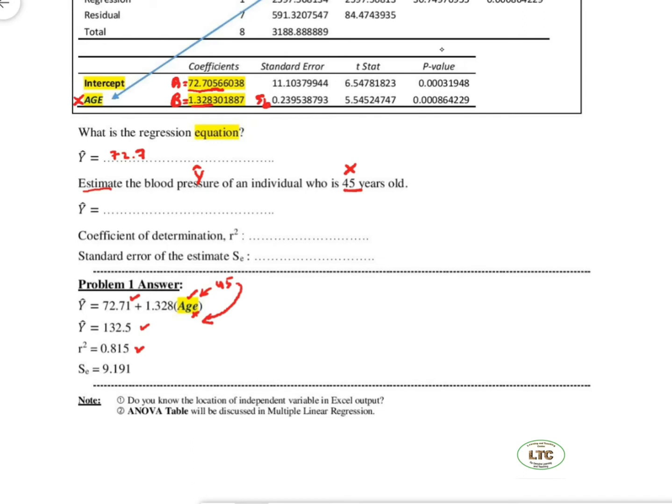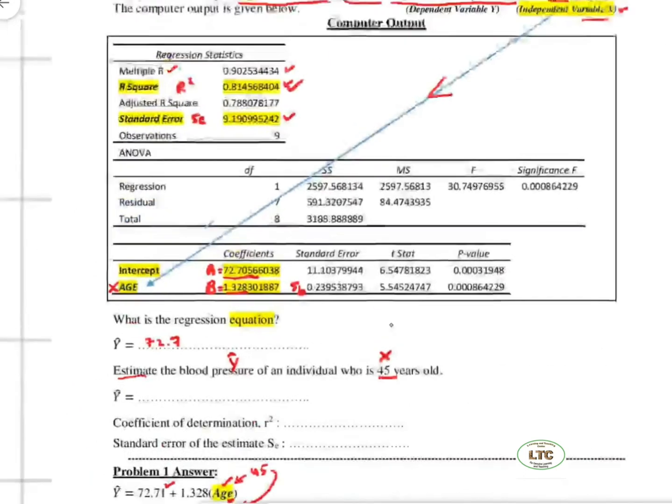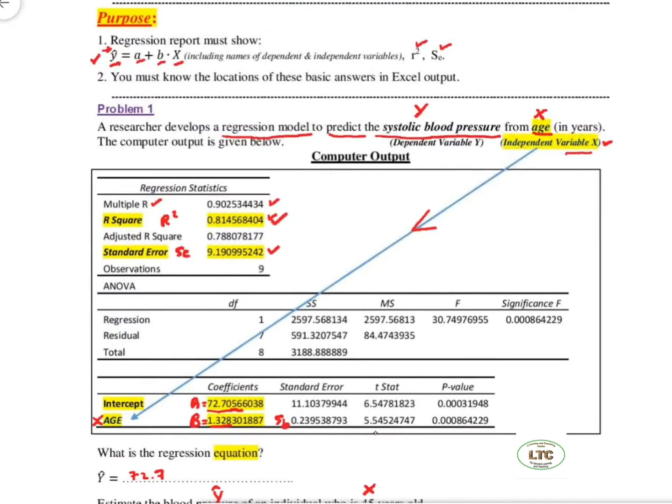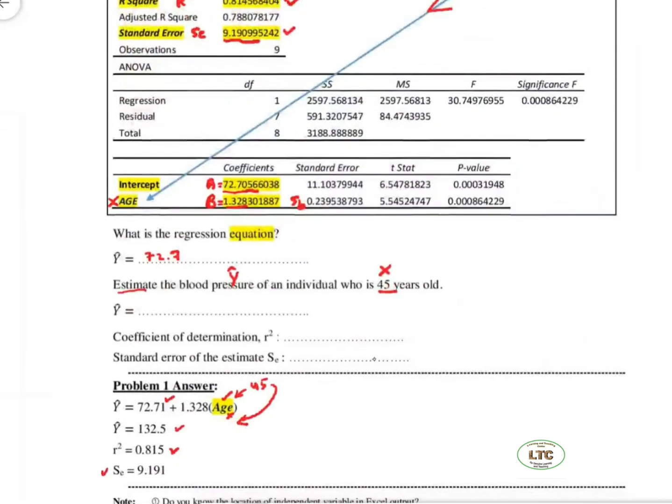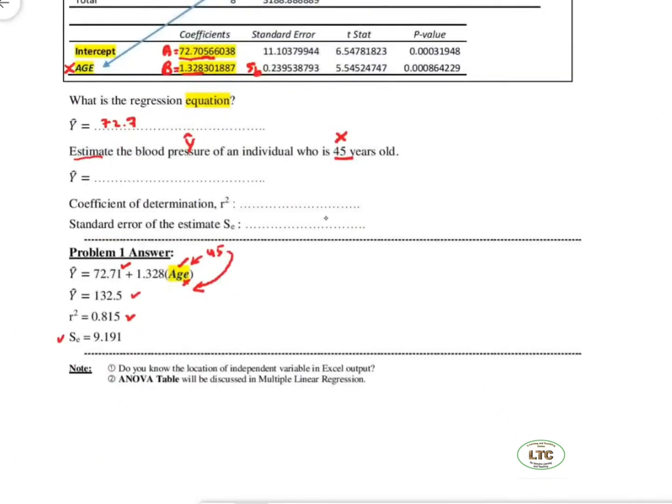S sub e is standard error of estimate. You have seen this. S sub e is 9.190995, therefore 9.1910, this one. So all correct.